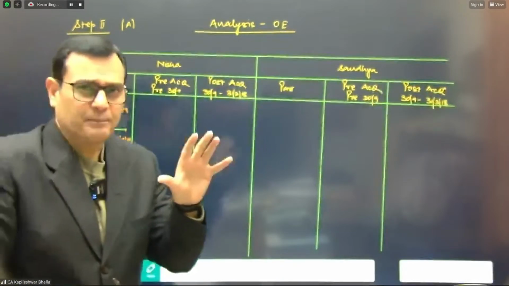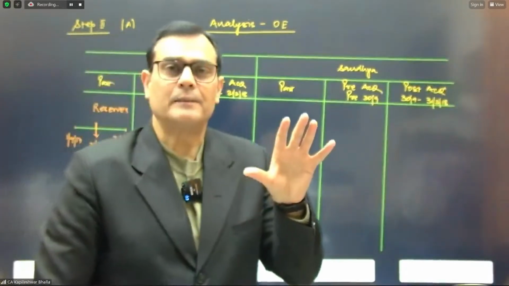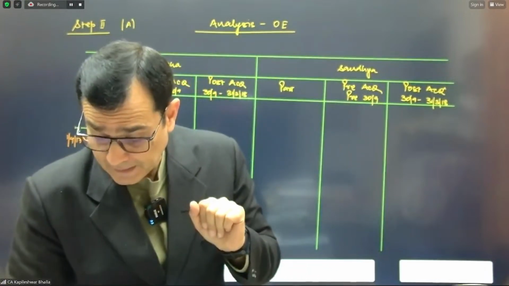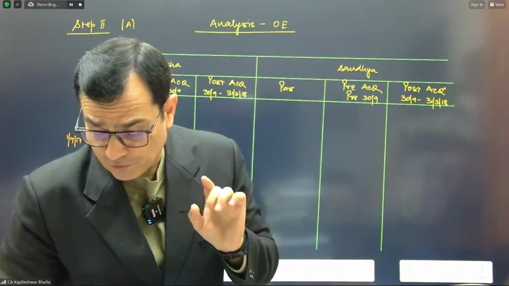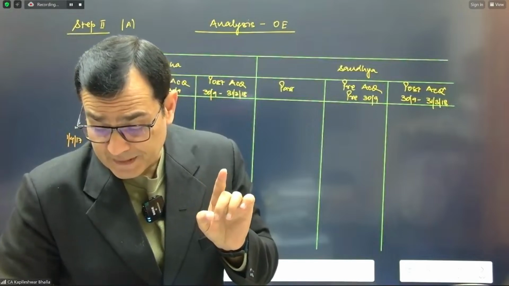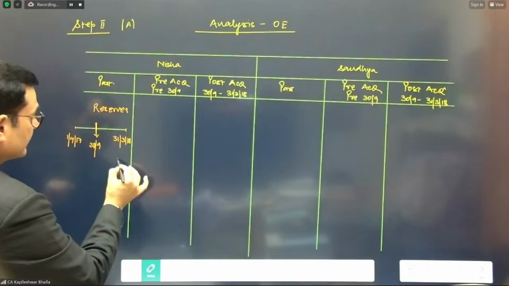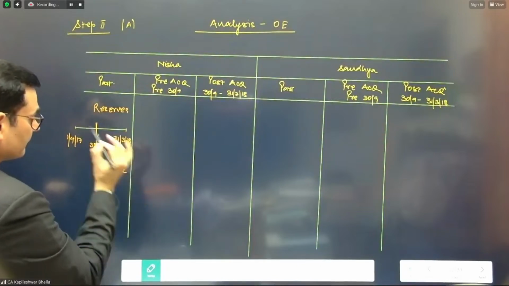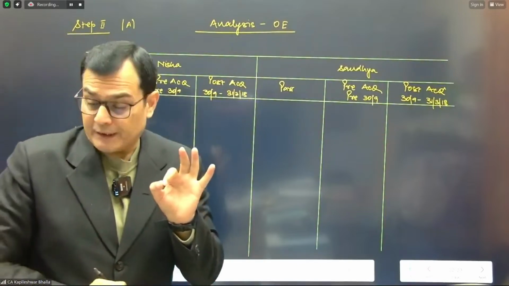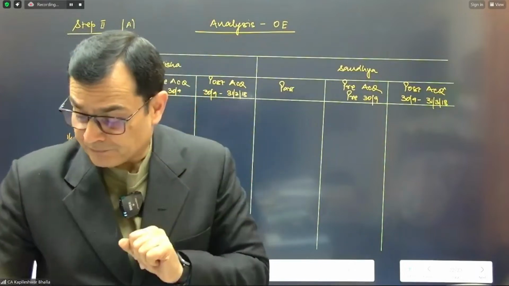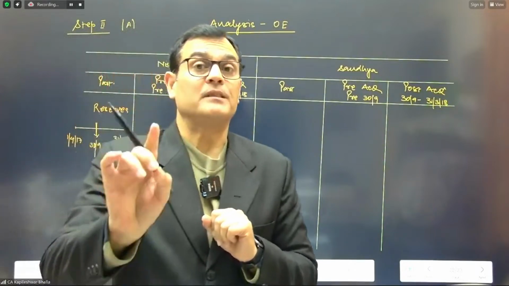Now let's pick up the data which is given in the balance sheet and the additional information. Now, if you look at the position of the reserves, we can see the reserves are appearing at the end of the year to the extent of 50 lakhs. And if you go to the additional information, we are given the status in point number 3, the reserves on 1st April 17.